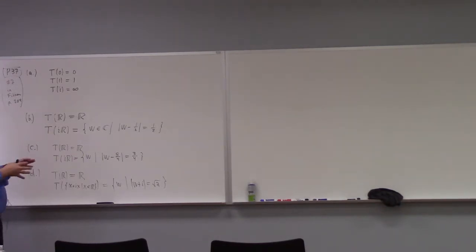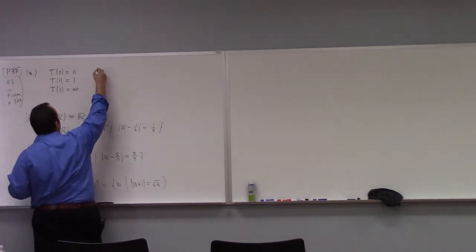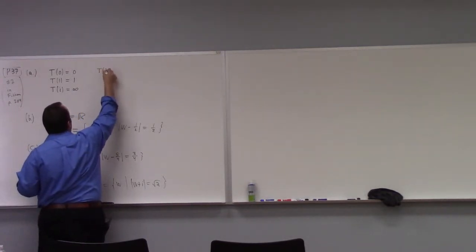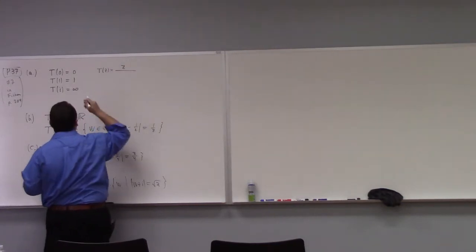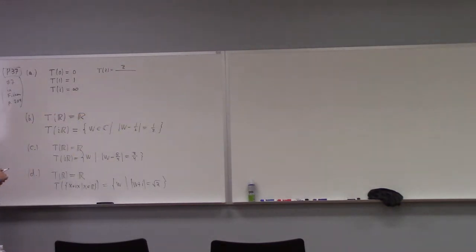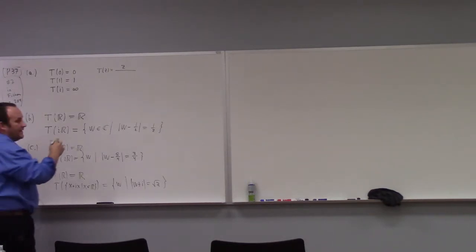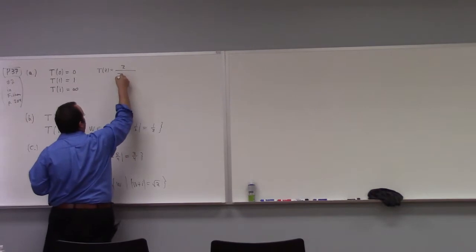That said, I think problem A, we can just write that down. So like T of 0 equals 0, that says to me that T of z has a z in the numerator. All right. T of i equal to infinity, that says to me that there is a z minus i in the denominator.